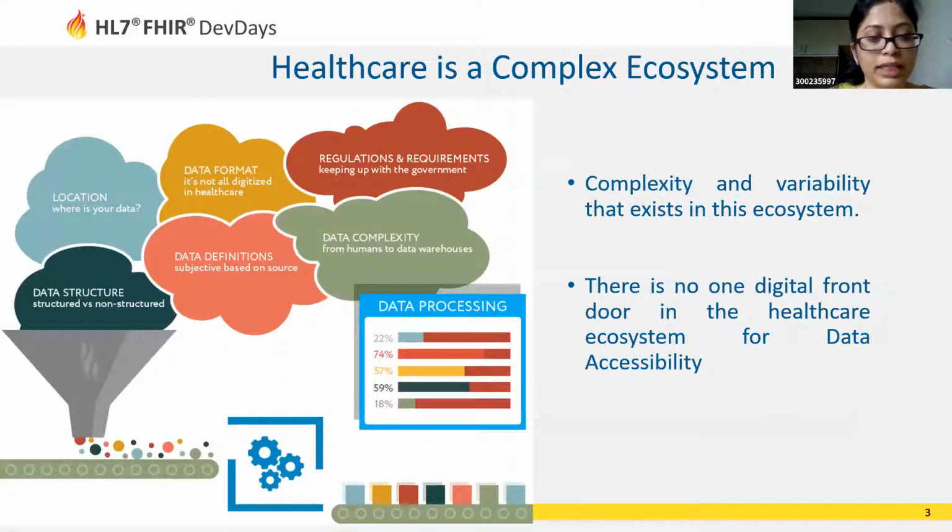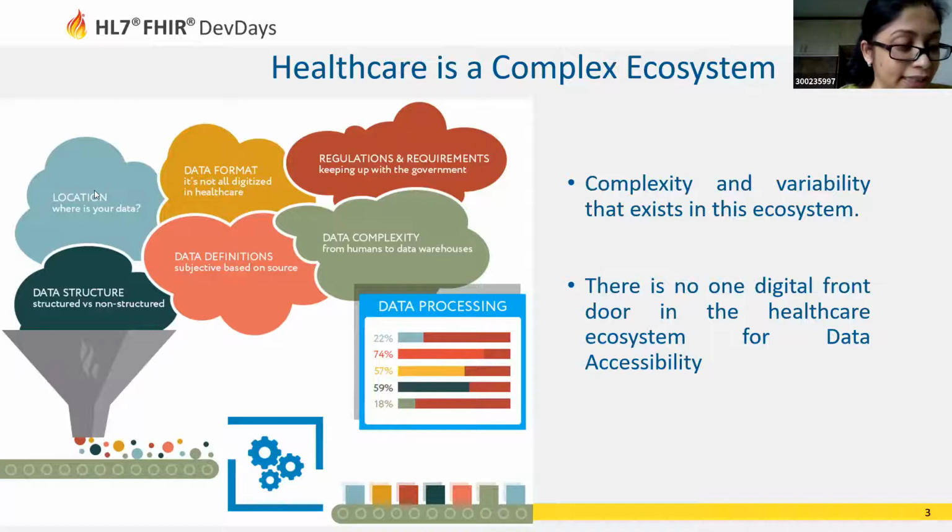As we have seen in multiple sessions across the past 2 days and over the healthcare continuum as well, healthcare is indeed a complex ecosystem. Complexity and variability are two paradigms of this healthcare ecosystem.